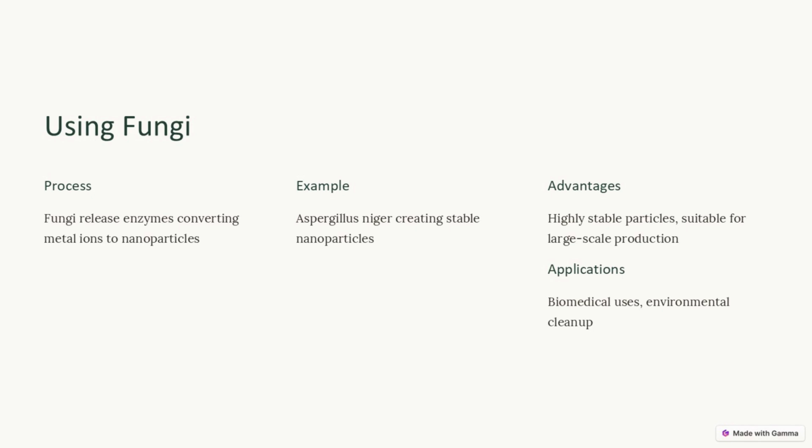For example, the fungi Aspergillus niger and Fusarium oxysporum have been widely used to produce silver, gold, and even zinc oxide nanoparticles. This method is efficient and produces nanoparticles that are very stable. Also, because fungi can be grown easily, it's a very scalable method for producing nanomaterials.